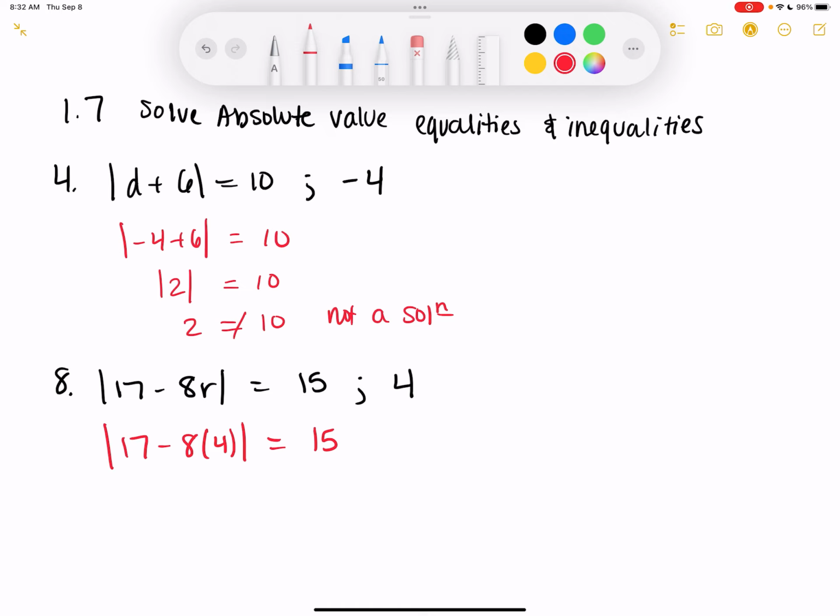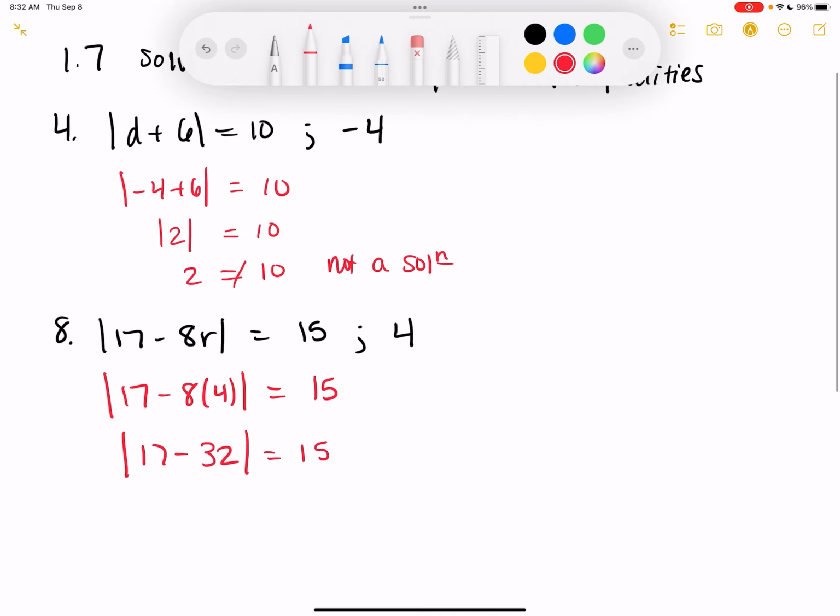So that's the absolute value of 17 minus 32. Seventeen minus 32 is negative 15. We take the absolute value of negative 15, it becomes positive, so 15 equals 15. So this one is a solution.